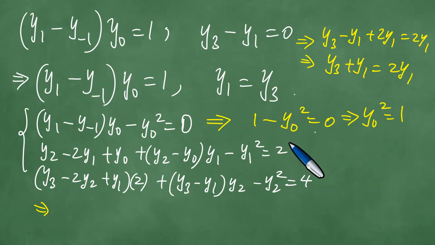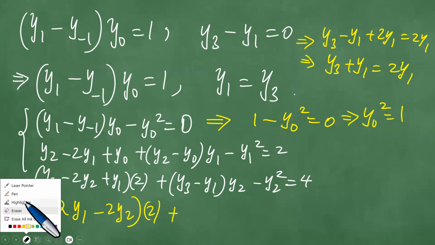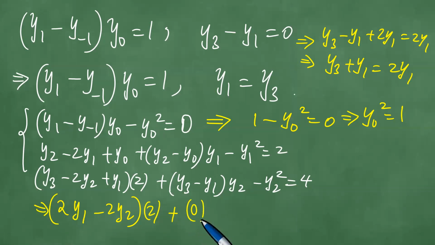So this is going to be 2y1 for y3 plus y1, minus 2y2. y3 minus y1 is 0, so this one is 0, y2 minus y2 squared equals 4. So this is what this equation becomes.